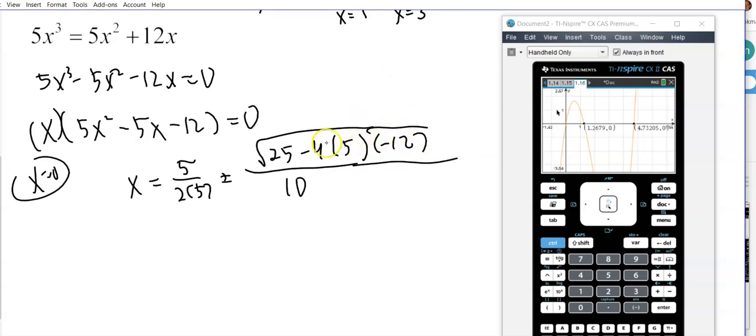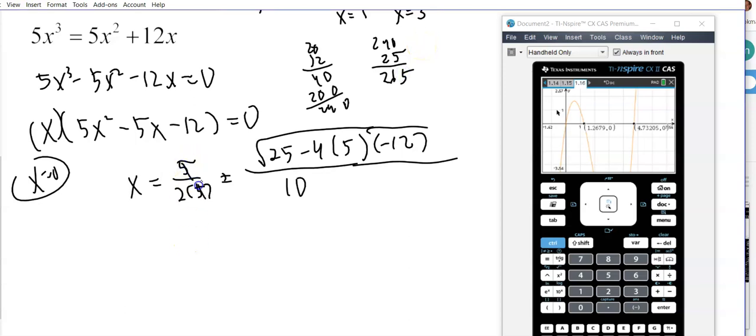It's going to be 20 times, what's 20 times 12? So 240. Okay, so that's 240 plus 25. We're adding that, so that's 265.